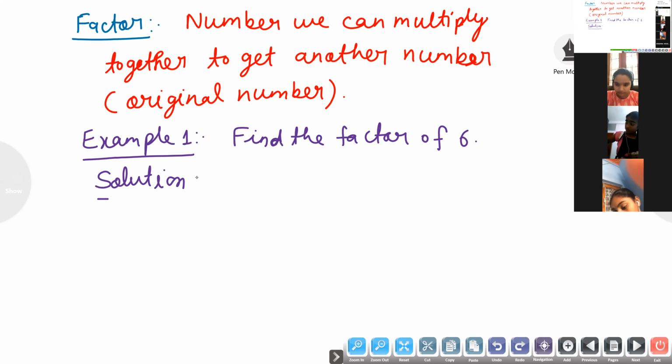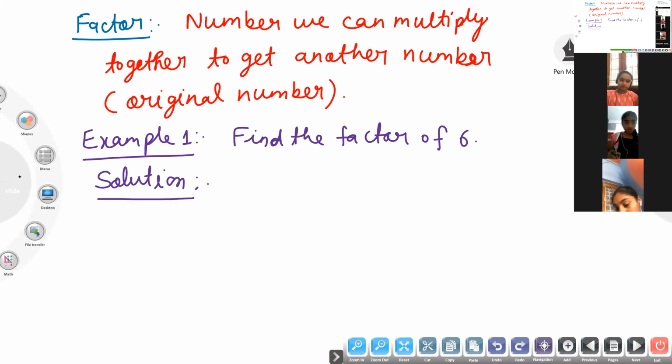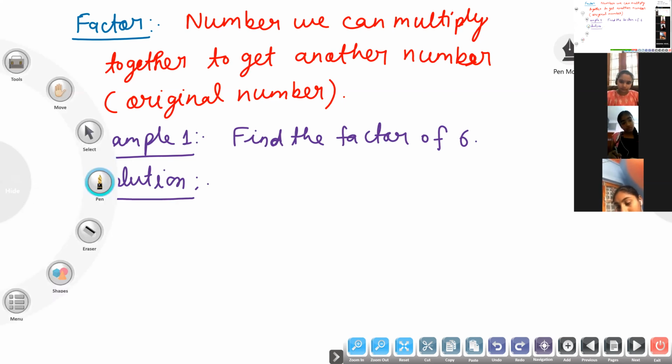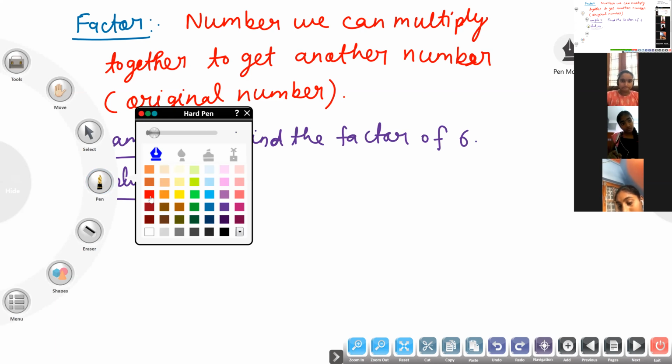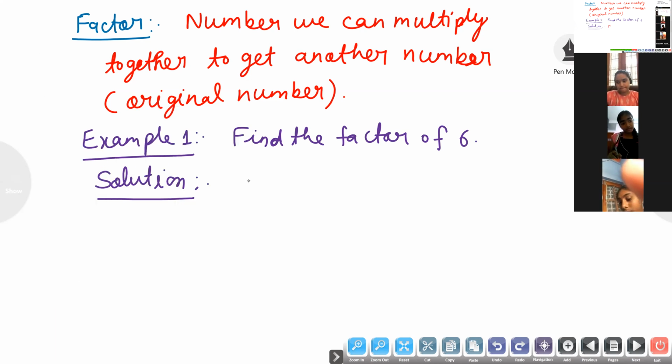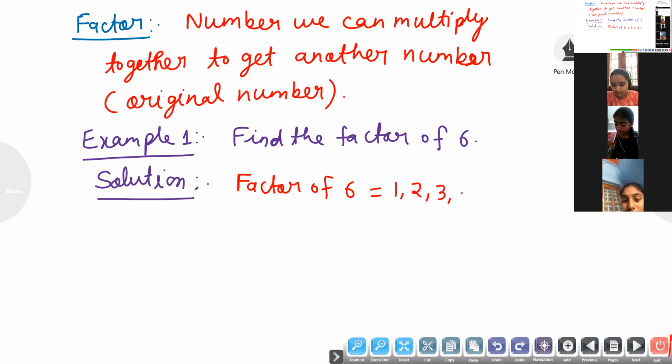If I want to find out factor of 6, I will check 6 is coming in which table. Factor of 6 is equal to 6 will come in 1 table, 2 table, 3 table and 6 table.